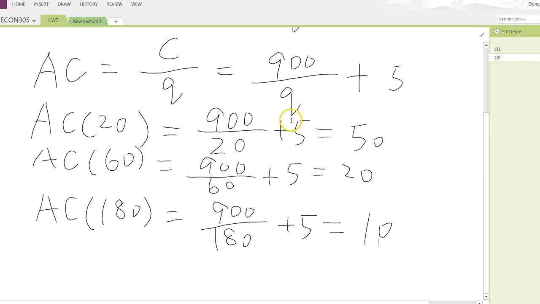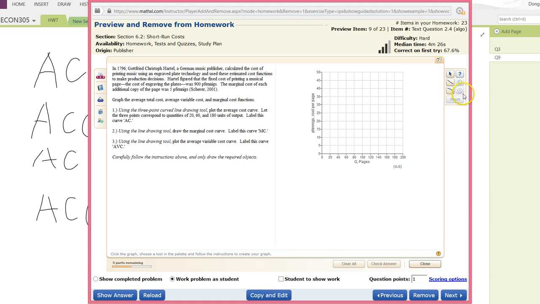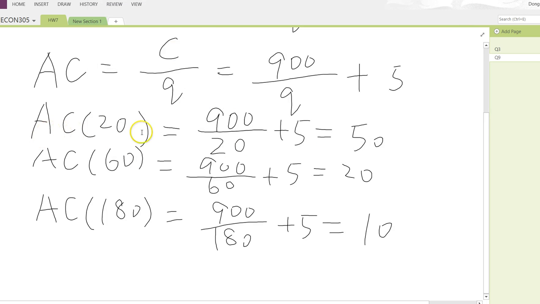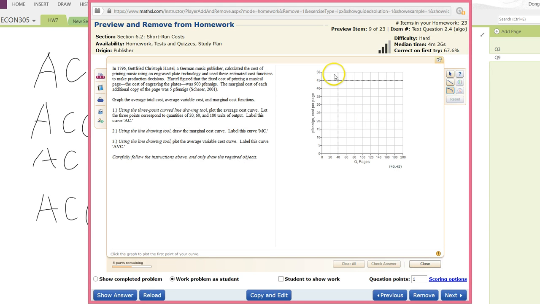So now we have 3 points basically on the average cost curve, and we can draw that. For 20, when the quantity equals 20, the value of the average cost, again, that's 50. So that's right here.